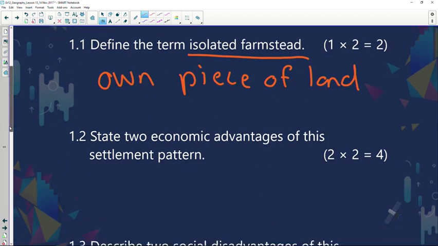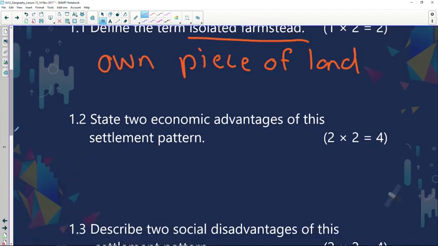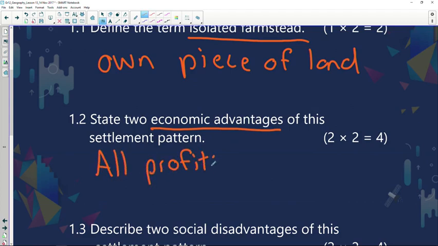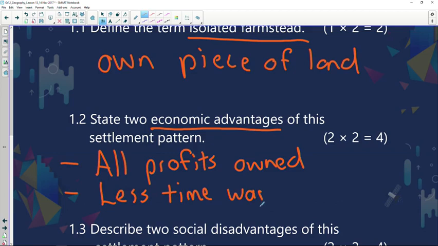If you look at question 1.2, state two economic advantages of this type of settlement. First of all, the profit that's been made on that farm is the owner's. All profit is owned by the farmers. Second of all, there's less time wasted for traveling to work and back.